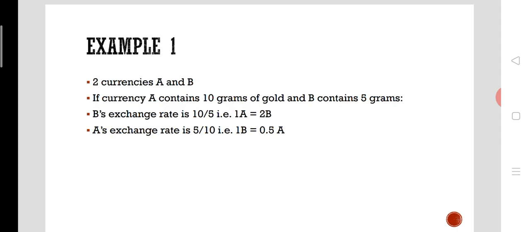So let's look. B's exchange rate is 10 by 5. That is, 10 is the 10 grams that currency A has.